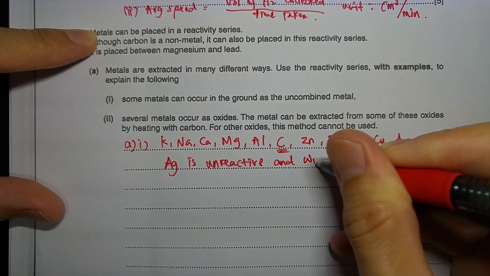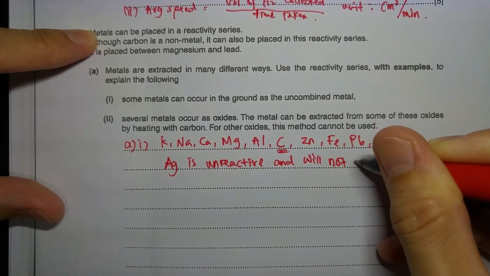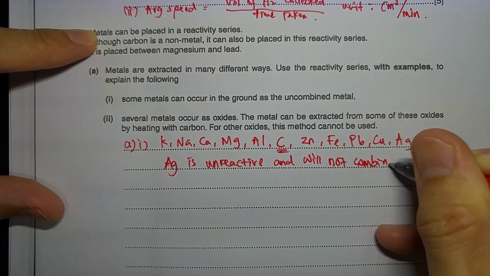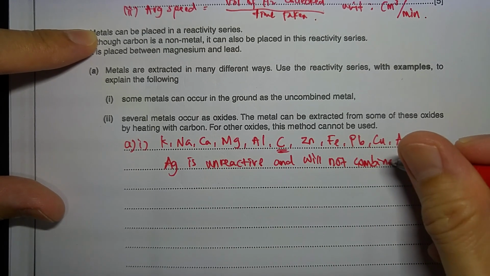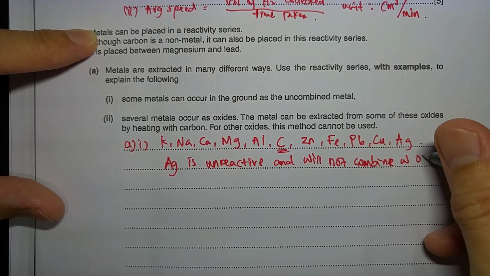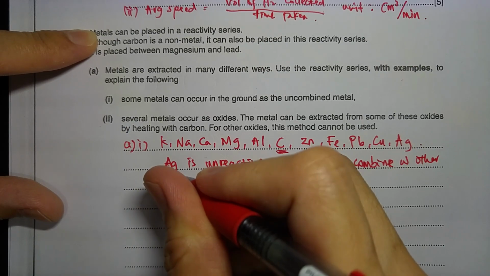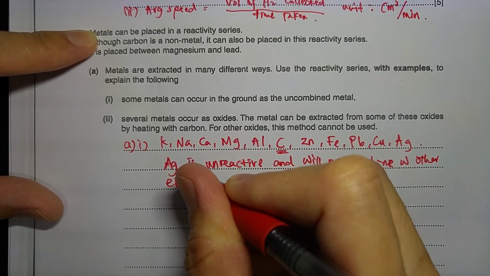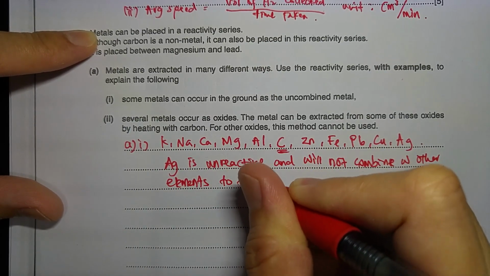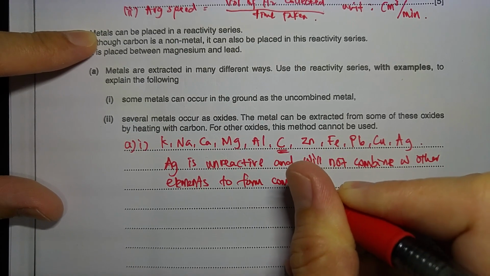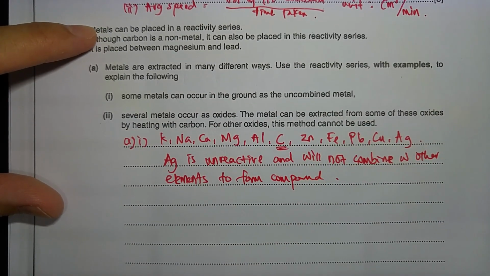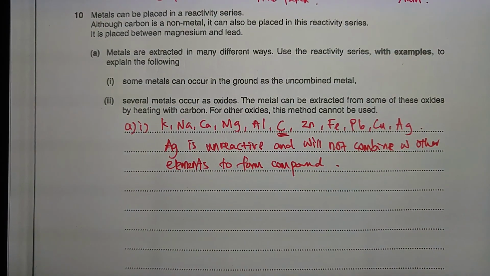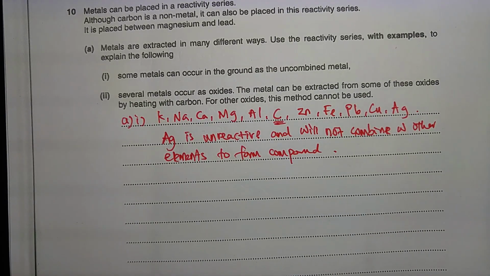Unreactive means it will not combine with other elements to form a compound. Okay, that would be identify the metal, give examples.